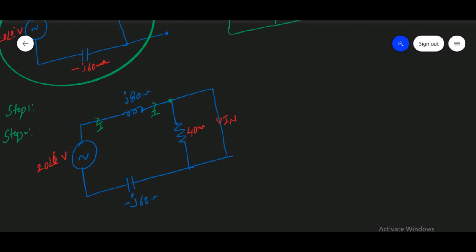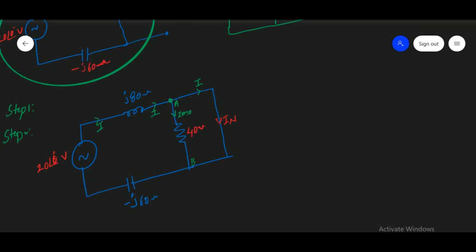For the 40 ohms, this is a point A, this is a point B. Points A and B are short circuited, which means they are at the same potential. If there is no potential difference, how much current flows? Zero current flows.